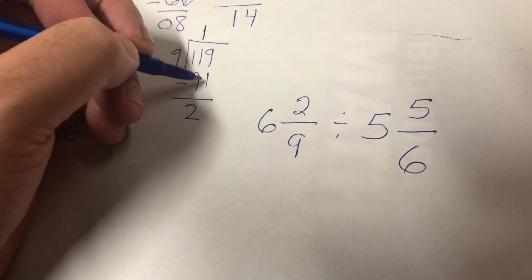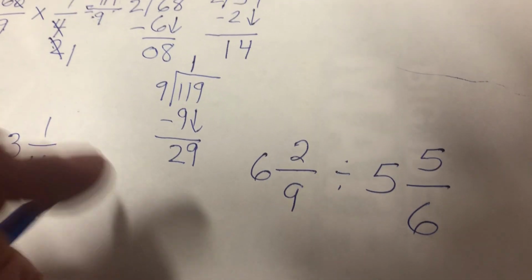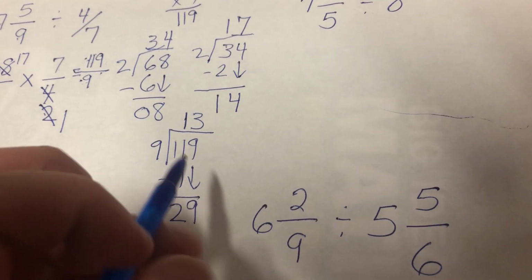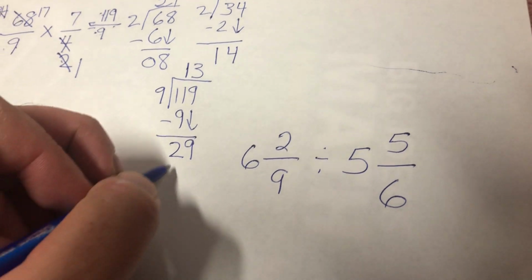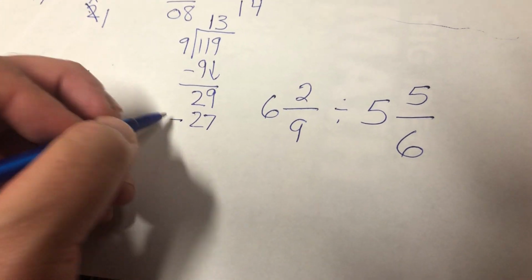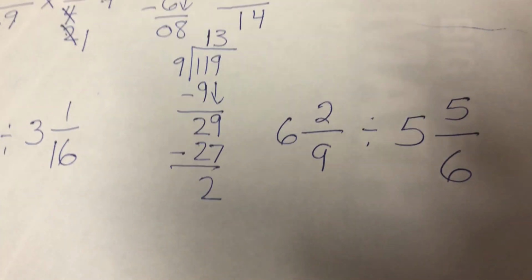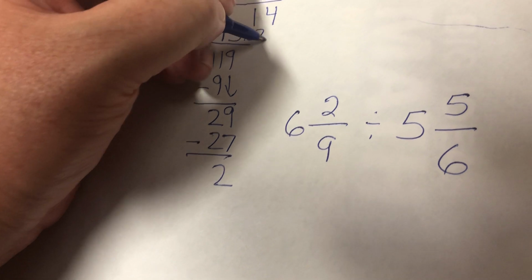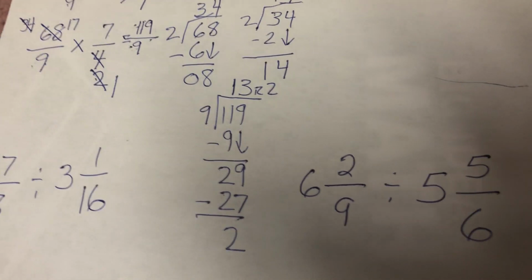I'm going to take this 9 and bring it down. 9 can go into 29 3 times. And I know that because 3 times 9 is 27. 29 minus 27 is 2. I end up with a remainder of 2, which is okay when I'm dividing by 9.